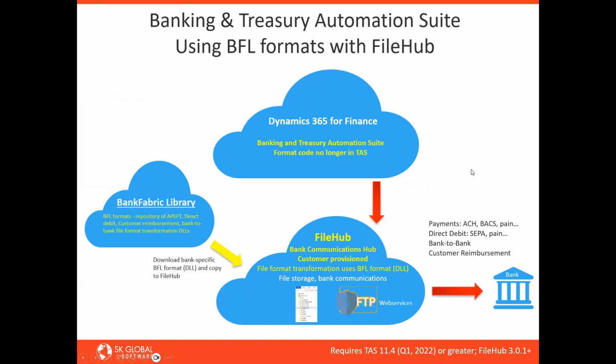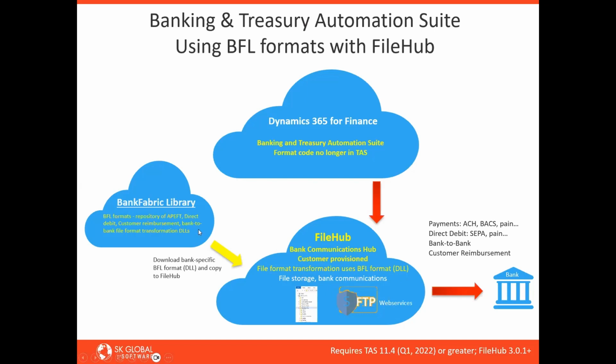How does it work? All in all, that's about the BFL formats with the File Hub itself. This is our D365 instance. When we have our Task installed, the format code will no longer be in Task. The format code would be moved to the File Hub as this DLL file.